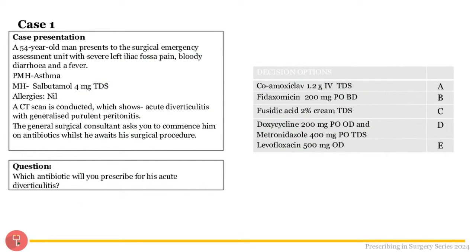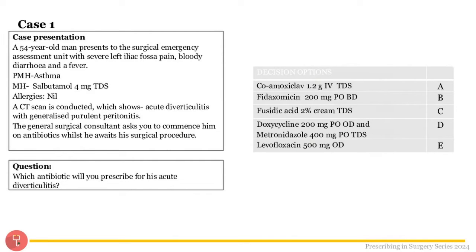Okay, any more responses? Okay, so far, most people going for A, followed by E, and then D. So the correct answer is A.